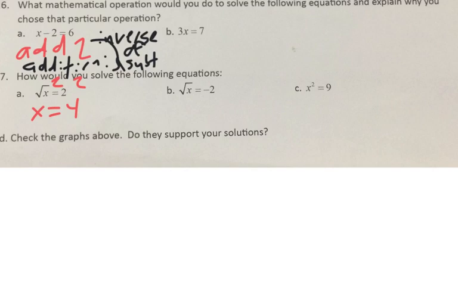Square both sides. So if I square both sides, then that means that x would be equal to 4. So yeah, everybody knows if you take the square root of 4, you get negative 2. But you get either positive or negative.